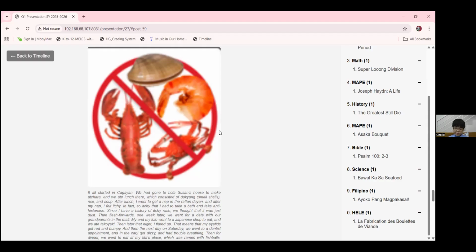Then three other doctors confirmed that I was supposed to be rushed to the ER: the doctor that we saw, our pediatrician, and the allergologist that we visited. They all confirmed it.